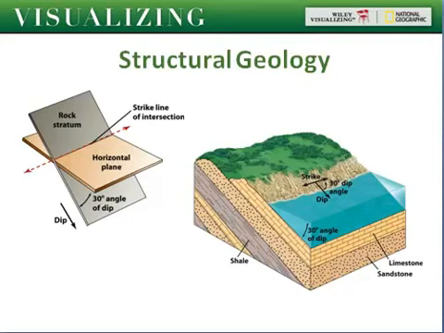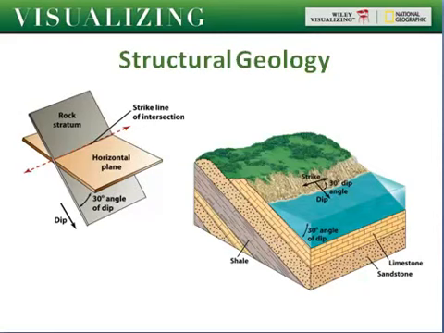And as you can see, these layers are tilted at what has been measured to be a 30-degree dip angle. The strike, again, is the compass orientation of the line of intersection between the horizontal plane and this planar feature. The dip, then, is the angle between the tilted surface and the horizontal plane. You can see that represented graphically in this image.